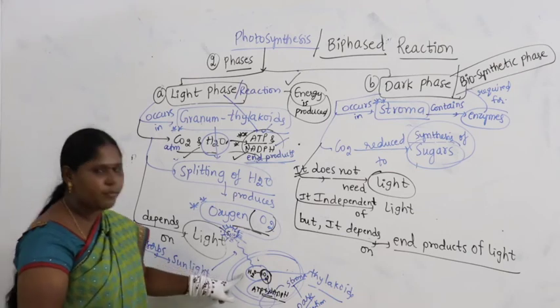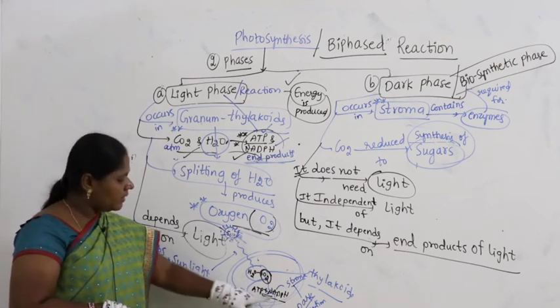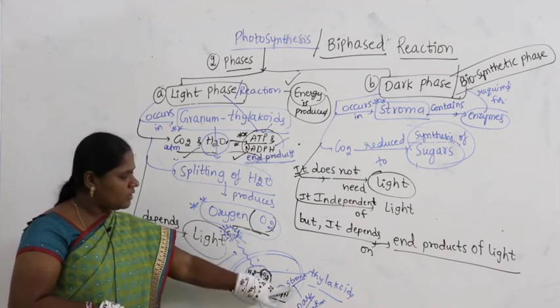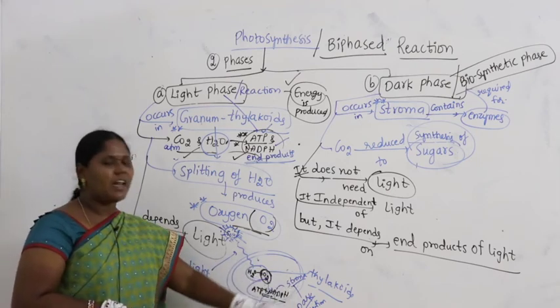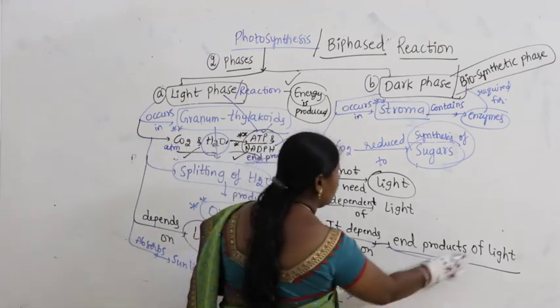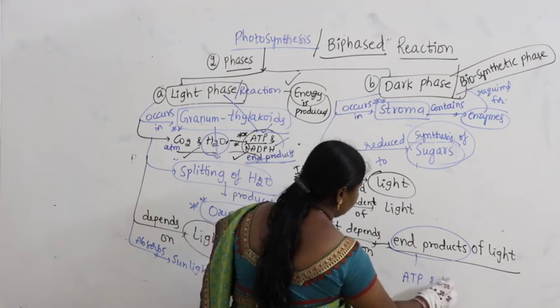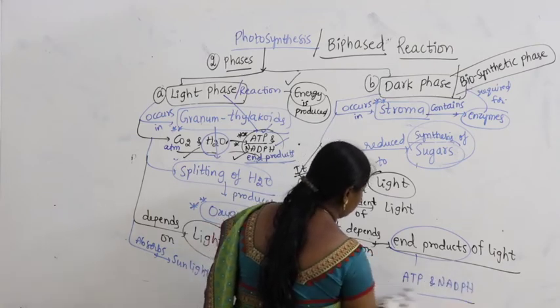So, here thylakoid produces what? ATP and NADPH. ATP and NADPH are utilized where? In the stroma for dark reaction. That means, what are the end products here? End products are nothing but ATP and NADPH.